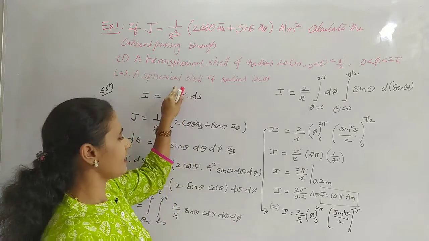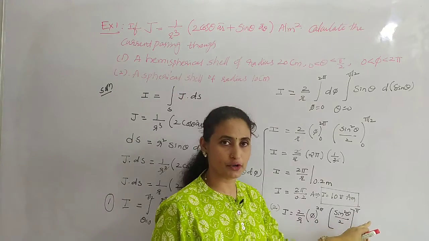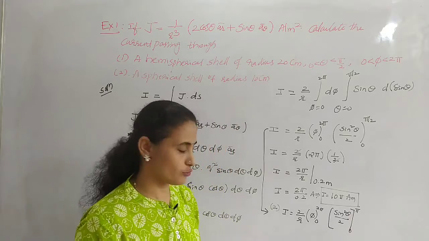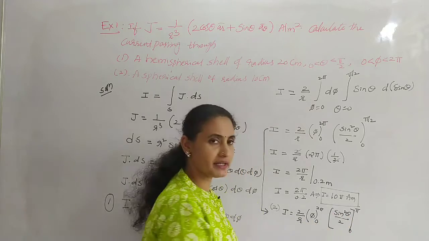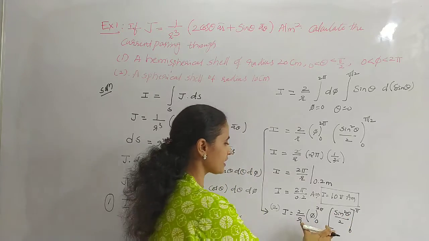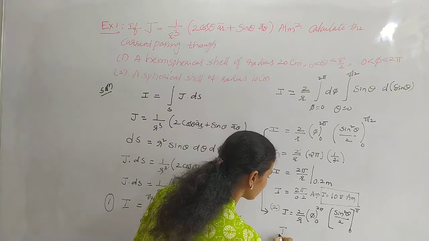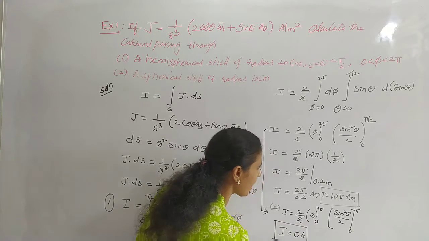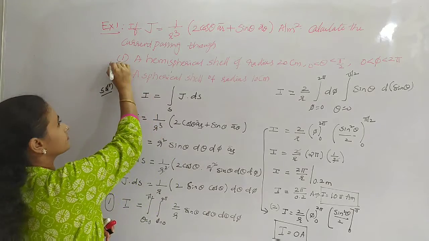For a spherical shell, the theta value is 0 to pi. Even if you substitute the upper limit, sine pi is 0, and substituting the lower limit, sine 0 is 0. So the resultant current will be 0 in a spherical shell. So the current is 0 amperes in the spherical shell.